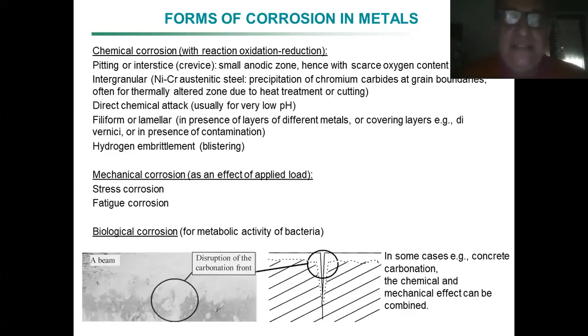On the other side, to protect austenitic steel from corrosion, we need to have some amount of chrome.